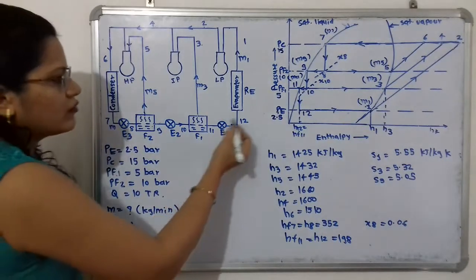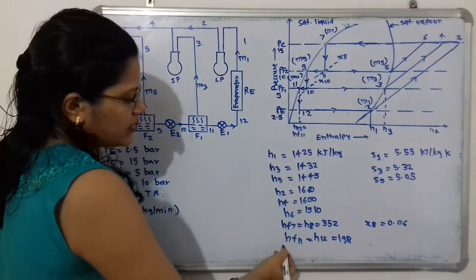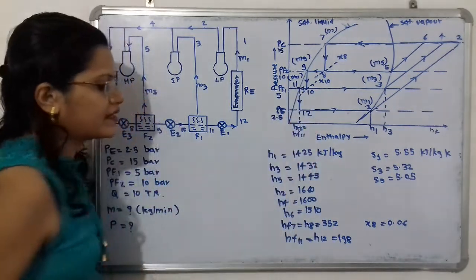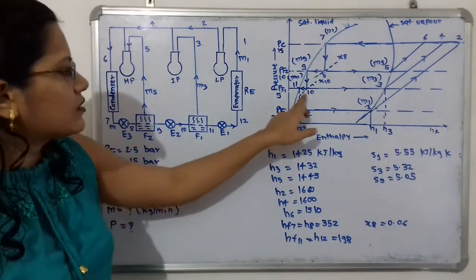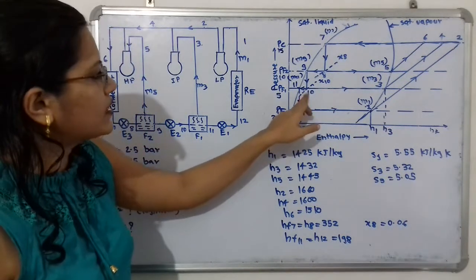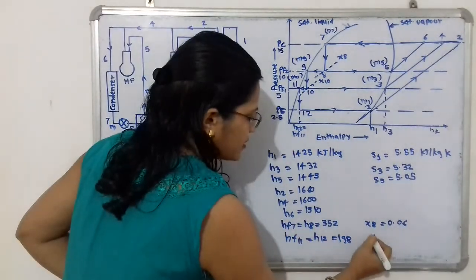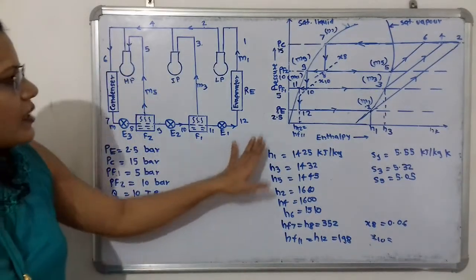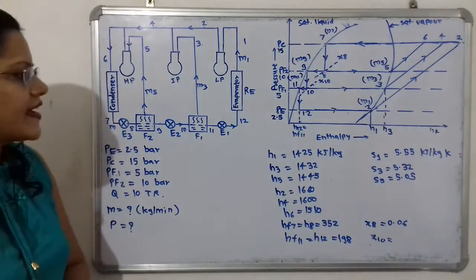Now again we have to show the expansion process at constant enthalpy, and HF11 is equal to H12, which is equal to 198 kilojoule per kilogram. So again we have to find the dryness fraction at point 10, so X10 will be there. So the enthalpies at all the points are now selected.